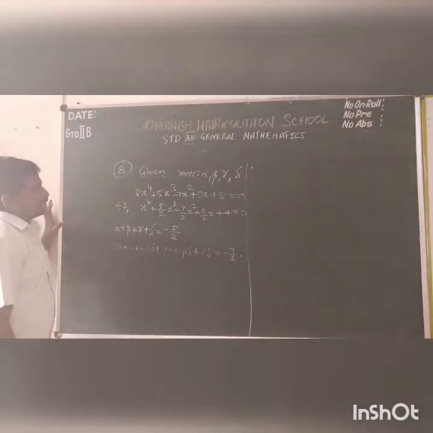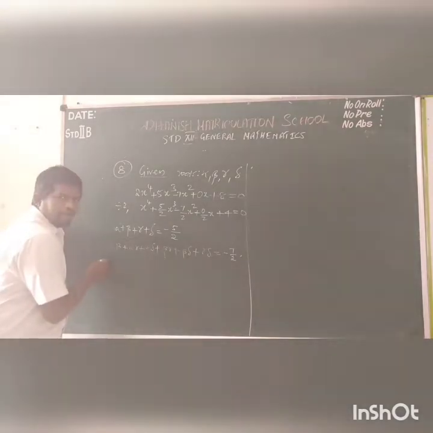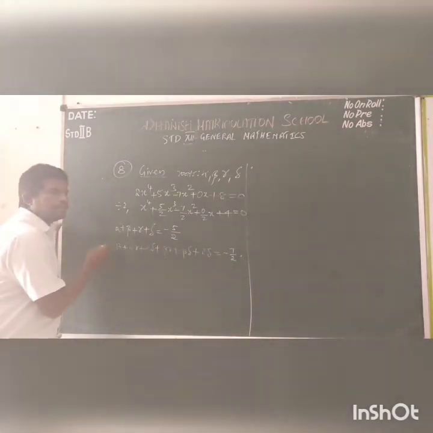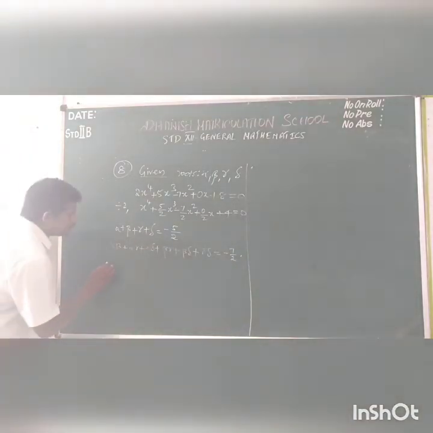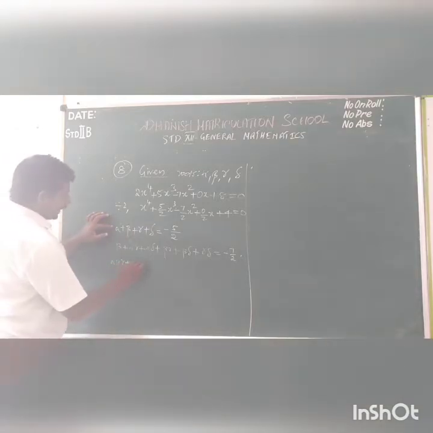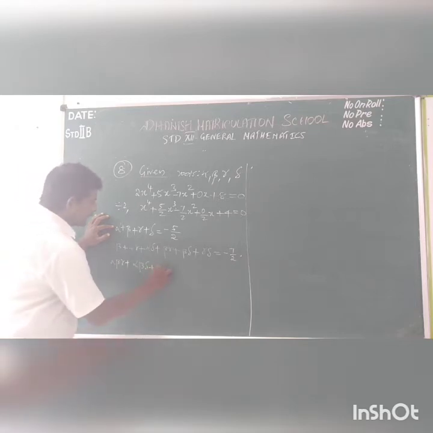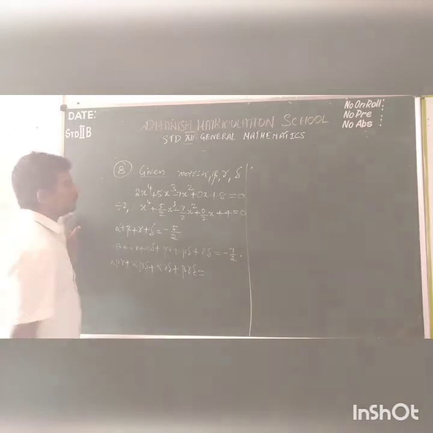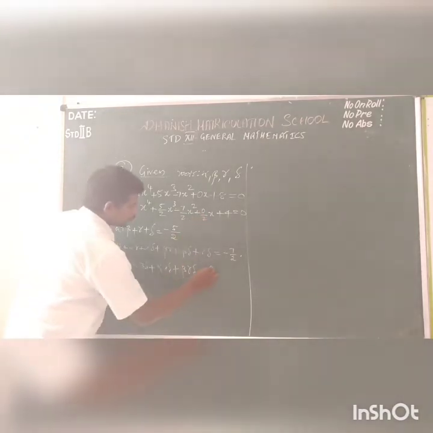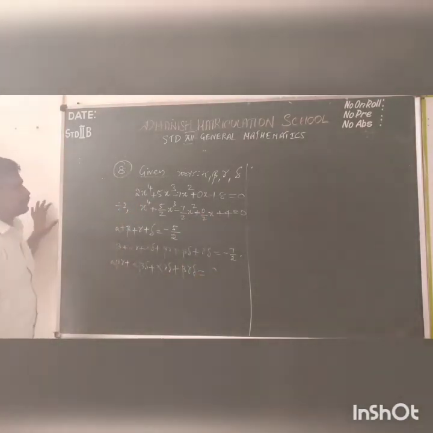Then the sum of products of the roots taken 3 at a time. So the terms will be alpha beta gamma plus alpha beta delta plus alpha gamma delta plus beta gamma delta. This is equal to 0, since here we have 0.